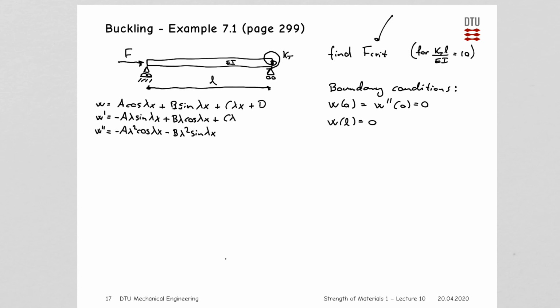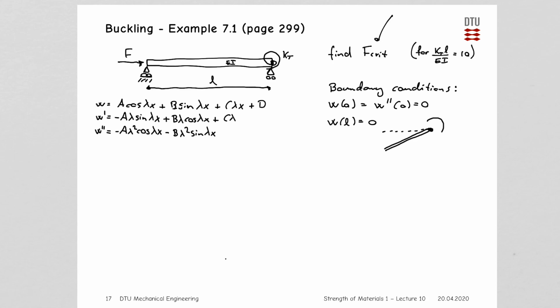Well, let's just take a look at what happens here. We have our beam end here, and we have the moment spring. So we have a slope at the beam at the point of the support, and the slope gives rise to a moment, right?